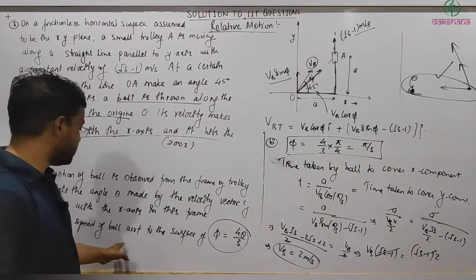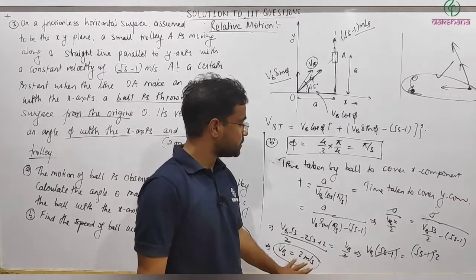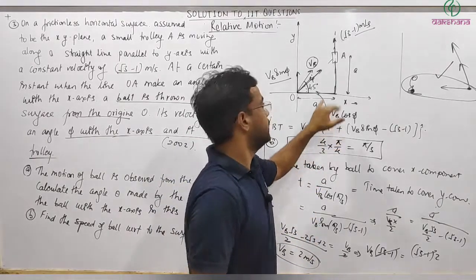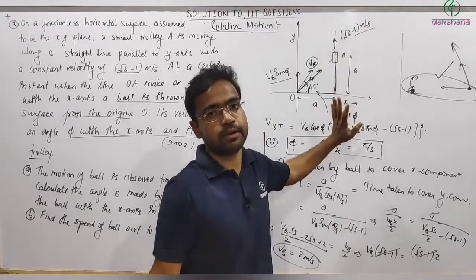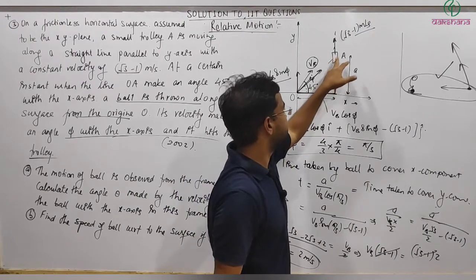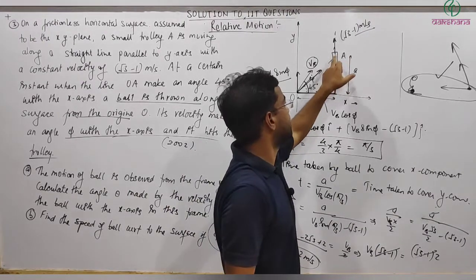So to find the speed of the ball with respect to the surface, that is coming out to be 2. The logic is that I calculated the angle phi, and from this frame it will finally be hitting, because this is the information we have actually. No other information is available to us. So I'm observing things from the frame of trolley. I know it is finally going to hit the trolley.